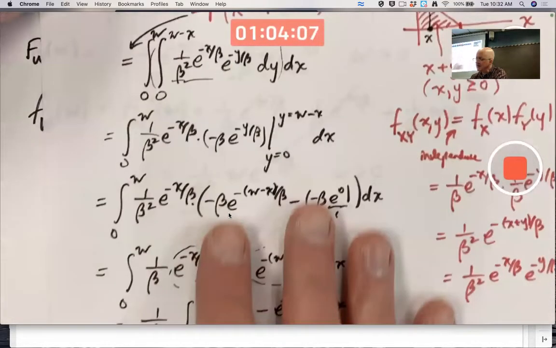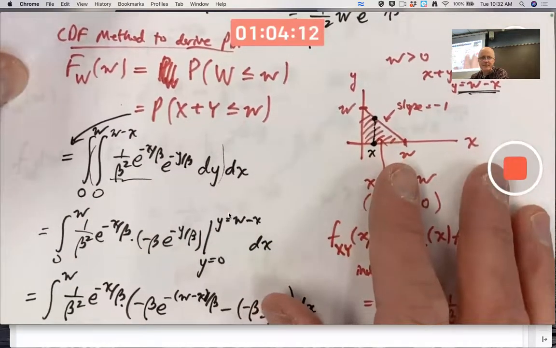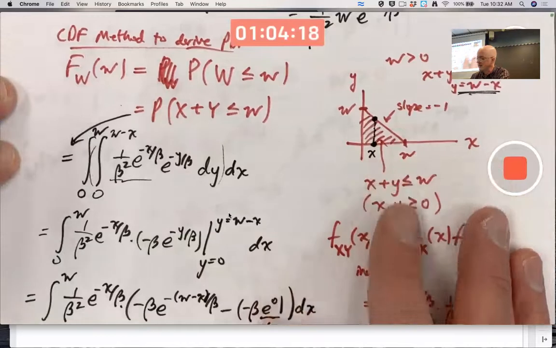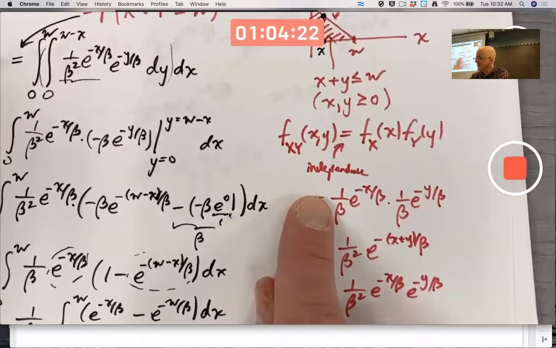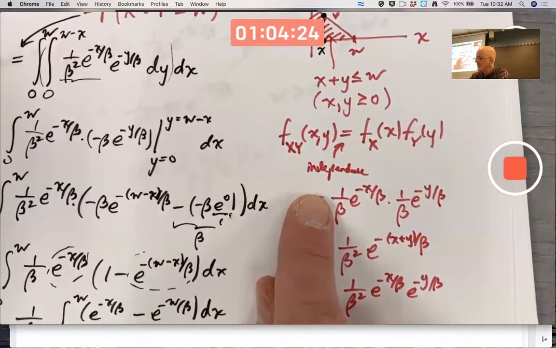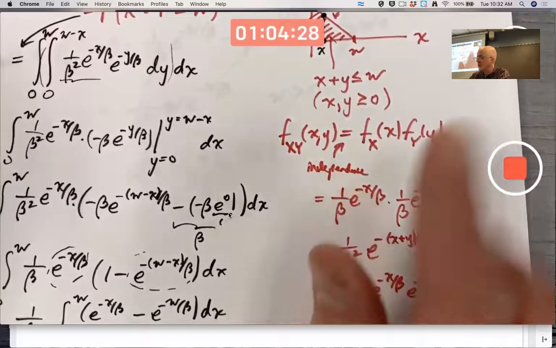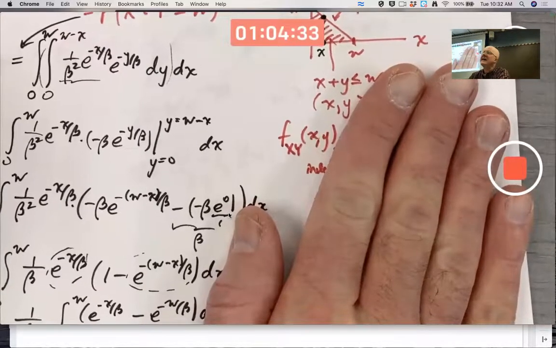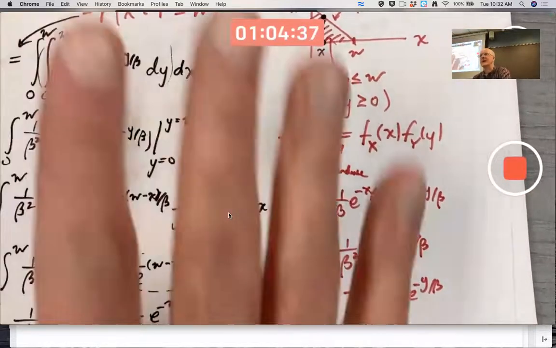This method of doing double integrals over triangular regions generalizes even to situations where the variables are not assumed to be independent. Because effectively, instead of using this independence assumption, we just work with the joint PDF. In that context, we're not really doing convolution anymore, but it's a similar kind of method.